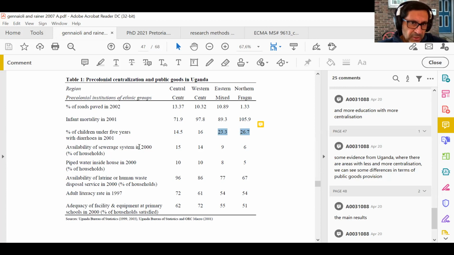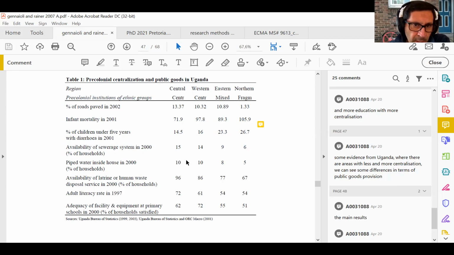Availability of sewerage system in 2000. You can see that the percentage of households in politically centralized areas is higher for availability of sewerage system than in more fragmented areas. Again, the size of the effects matters for policy prescription.